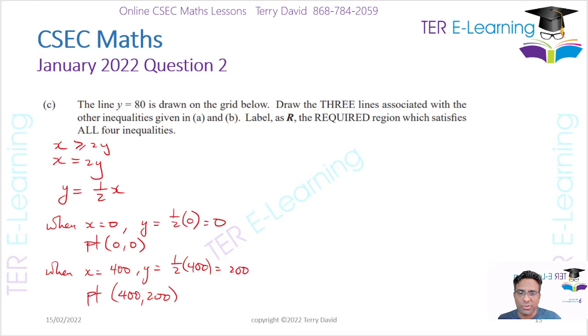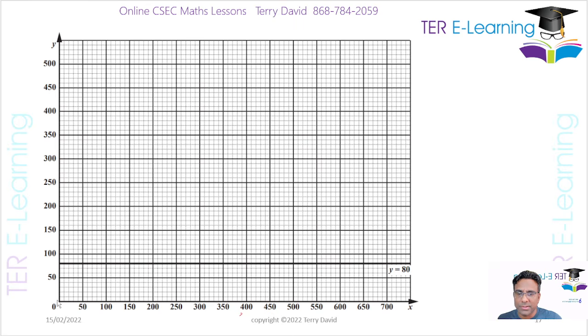So this point that I'm going to plot is 400, 200, right? Let's go and plot those 2 points. So 0, 0 is here, and 400, 200 is here. Now I'm going to draw a line.